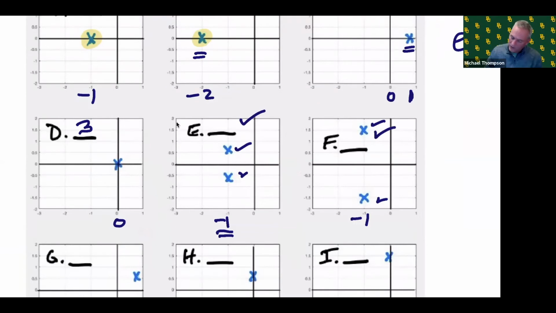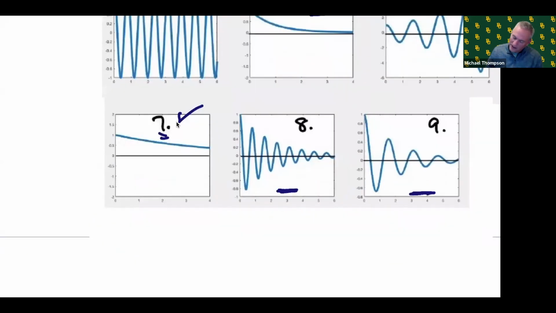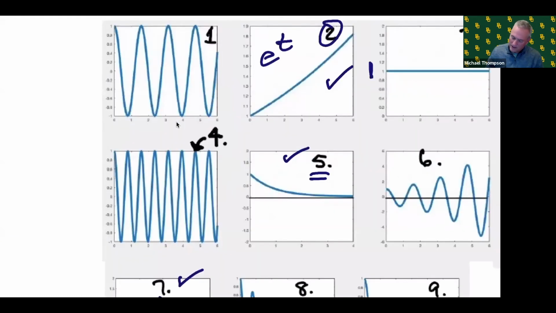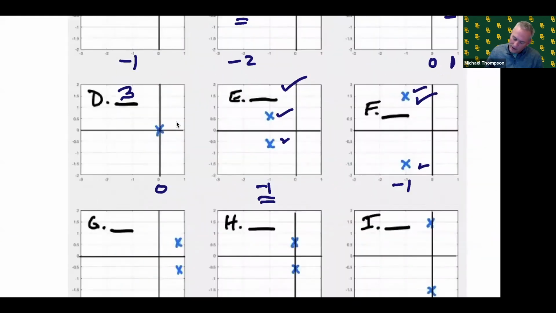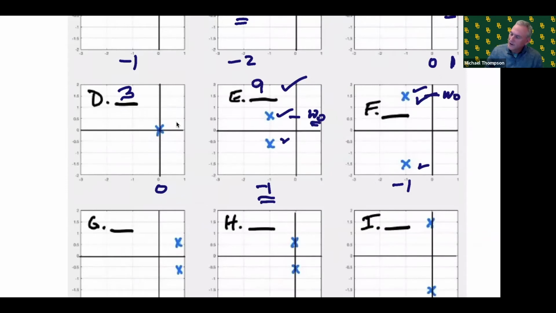The imaginary part gives you the omega naught. So I think it's going to actually be 9 for this one, because this omega naught is smaller than this omega naught. If you have a larger omega naught, it's going to oscillate faster.